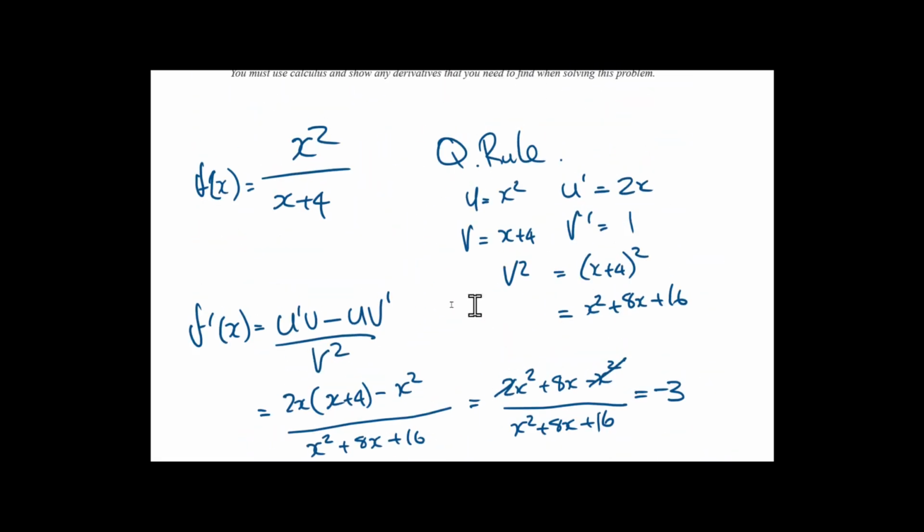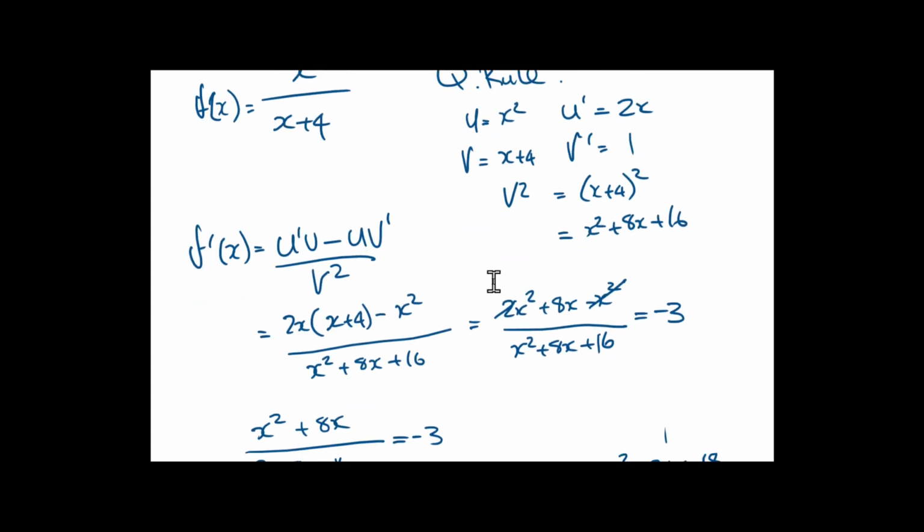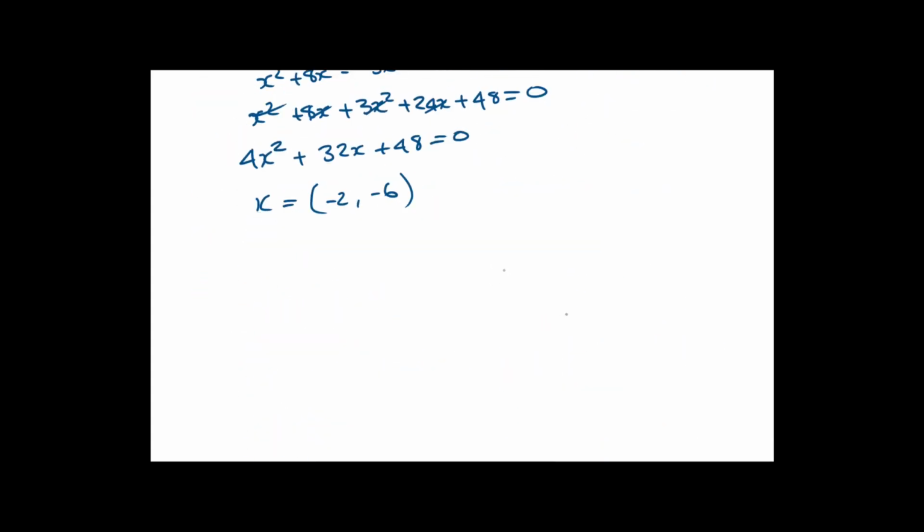Now we put them into the original equation here to find the y values, so that is x squared over x plus 4. Okay, when we put in x equals -2, squared, -2 plus 4, so that's going to be 4 over 2, which is 2.